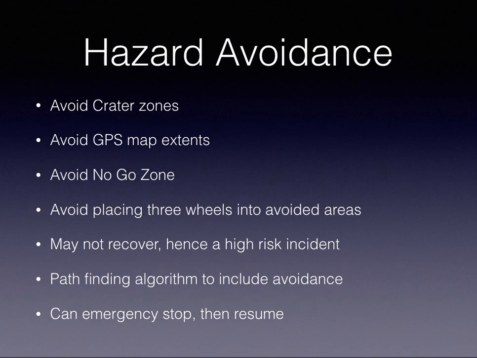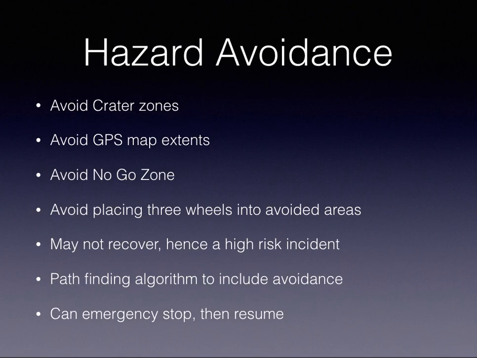It's considered a high-risk incident if the wheels go into those areas because it may not recover, and the pathfinding algorithm, which will be part of the software design, is going to include avoidance in its invariant conditions.